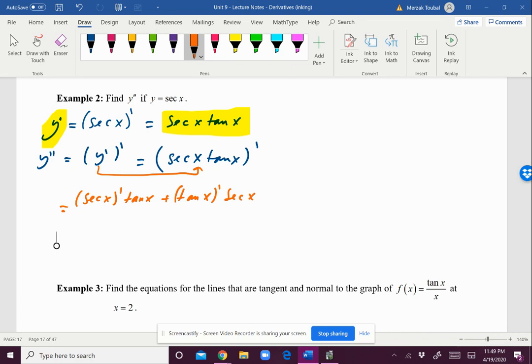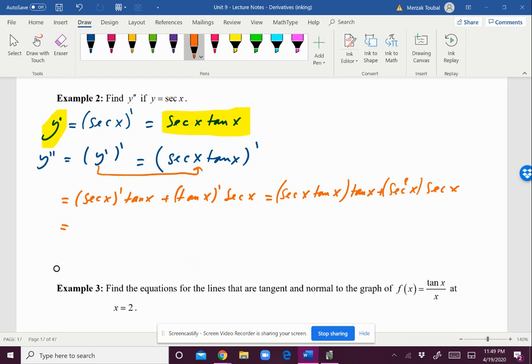This is the product rule. Derivative of secant is secant tangent times tangent. Derivative of tangent is secant squared x times secant x. Refer back to the table and you find these derivatives.